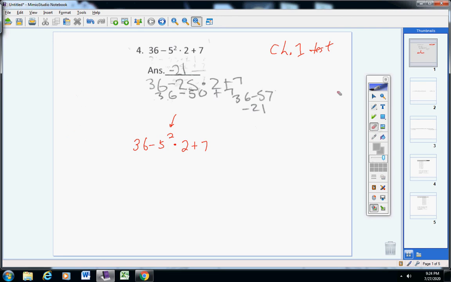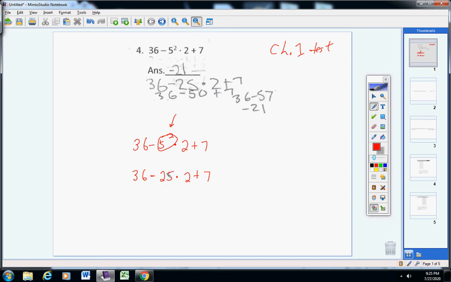Okay, but notice we do not have parentheses like this. So we are not squaring the negative sign. So we bring down our 36, we bring down our negative sign, bring down the multiplication sign, bring down the 2, bring down the 5, and now 5 times 5 is 25.